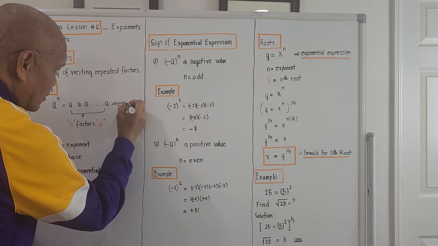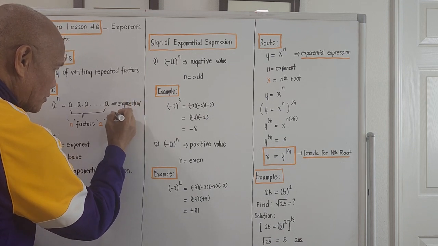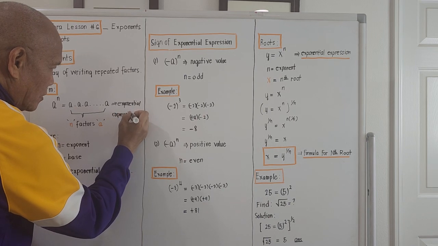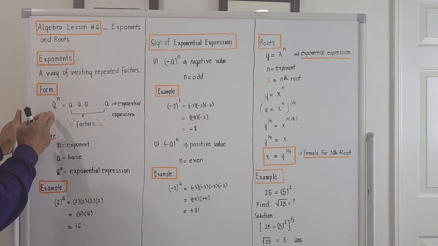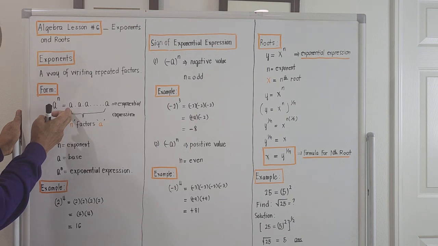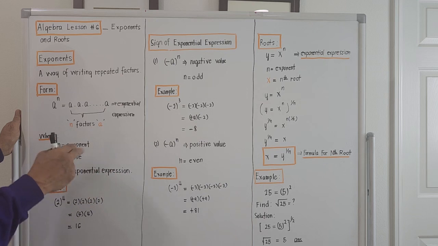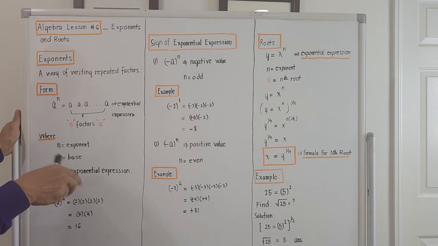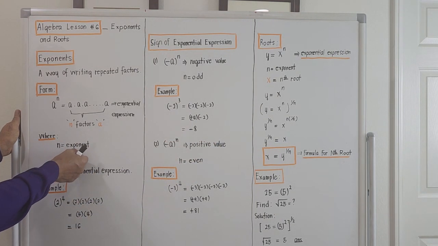Exponential expression or equation, it's the same, right? So a to the n will be the product of a times a times a times a, where n could take any value, it will not start with 1, it will start with 2 maybe, up to infinity, where the value of n will be the exponent.